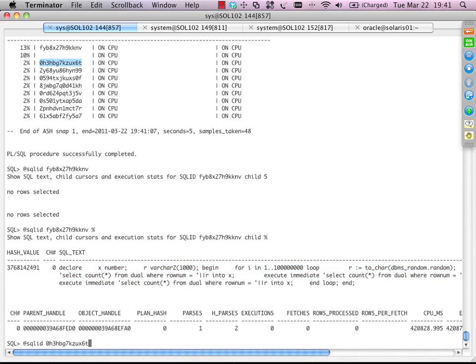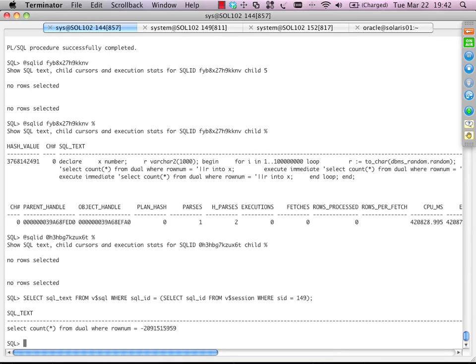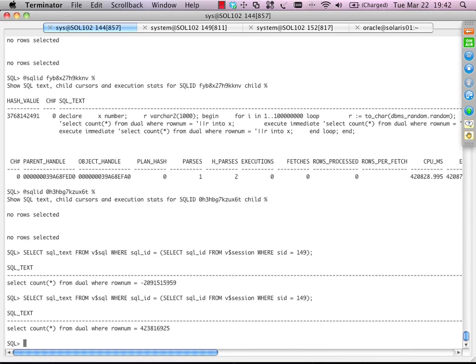But actually, if I look into the other SQLs, okay, this guy is already thrown away. So let's do it differently. I know my SID is 149. I can then do select SQL text from $SQL, where SQL ID equals this. Because of all this activity, this old SQL ID, the text for it was already aged out, but this is how I can get these real-time results.